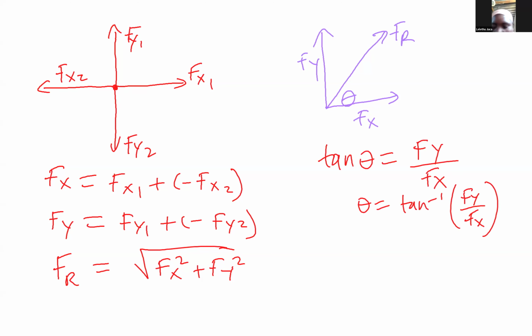Let me show you something very important. When you are dealing with more than one vector that are not collinear, you're going to use this type of direction. We call it the positive x-axis direction.